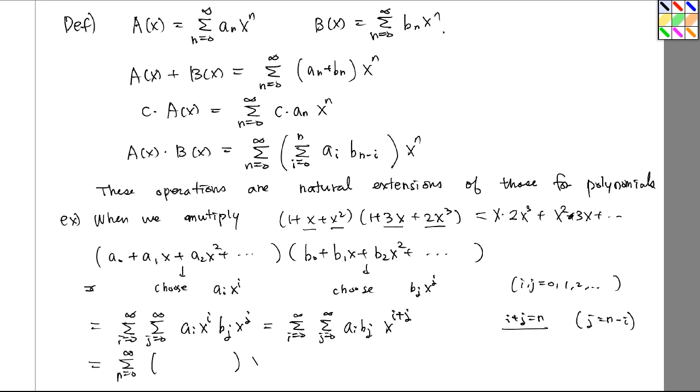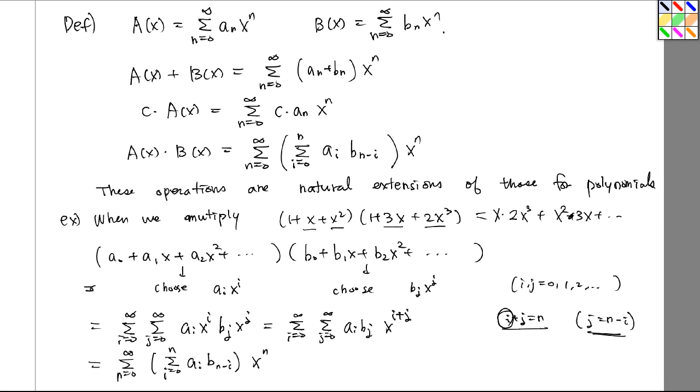So x to the n, and if i plus j equals n, then i must be from 0 to n. Once n is fixed, i is from 0 to n, a_i, and because j is n minus i, it is b_{n minus i}.